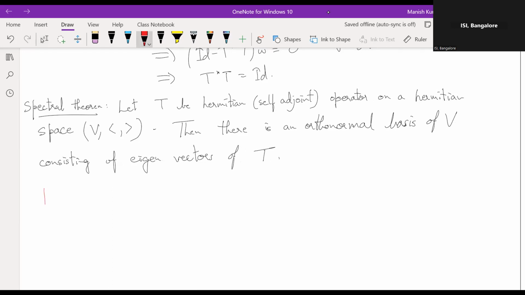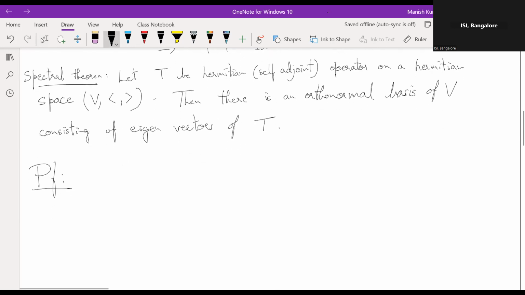So here, this is where if we think somewhat abstractly, instead of working with matrices, working with vector spaces becomes somewhat easy. So we want to get an orthonormal basis. Of course, this is straightforward if the dimension of V is 1. So we'll use induction on dimension. If dimension V equals 1, nothing to prove.